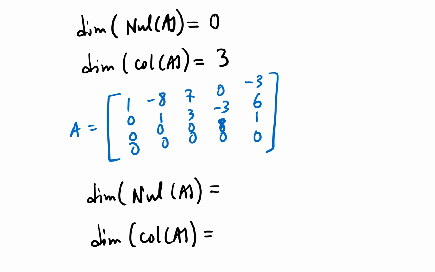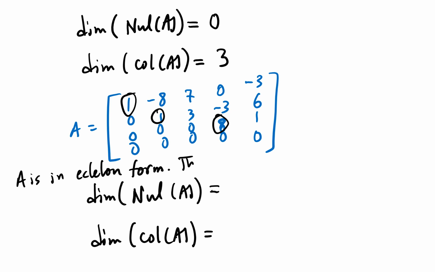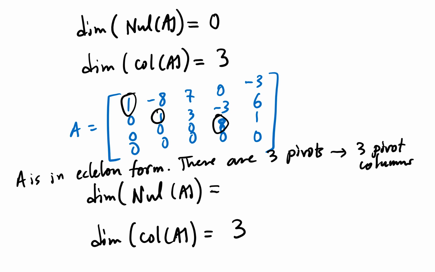Notice A is in echelon form. So, it has a pivot here, a pivot there, a pivot here. So there are 3 pivots. So 3 pivot columns. And since there are 3 pivot columns, the dimension of the column space is 3.